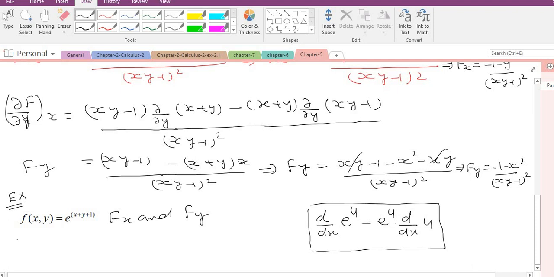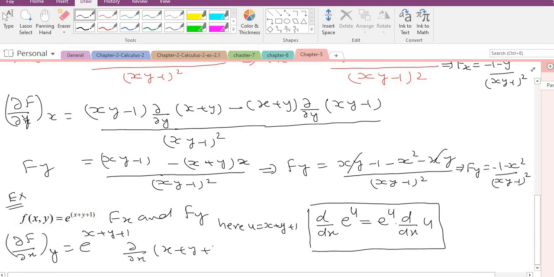So I am going to write del f del x, that means y will be treated as constant. So here e^u, u means here x + y + 1. So e^u, and then del x of (x + y + 1).